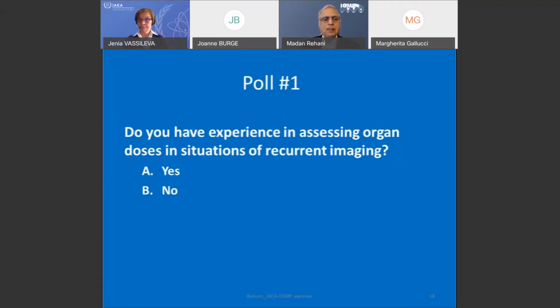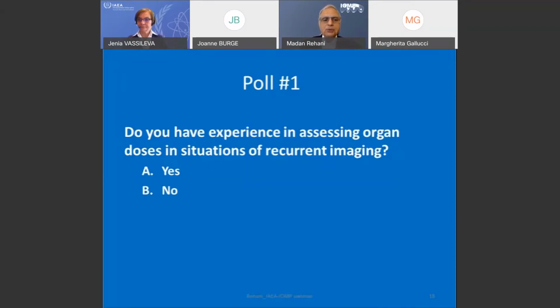So this is something, if we really should go by that, and let us have a poll from you people. So let us check up with you. Do you have experience in assessing organ doses in situation of recurrent imaging? I think on the right side, you will have a poll starting. So I'm sure you will be able to see on the right side. I can see it there coming. So let us have your response on that in a few seconds.